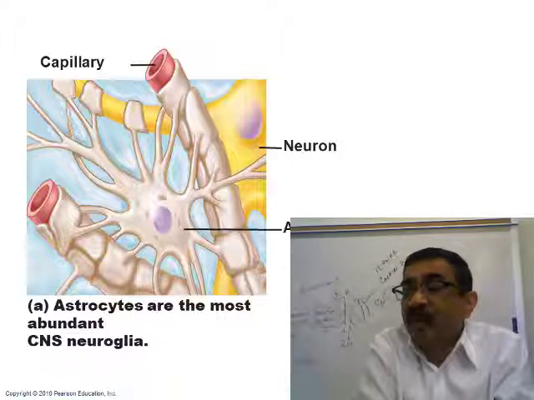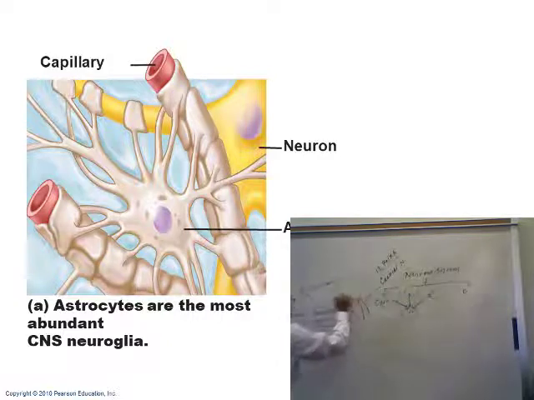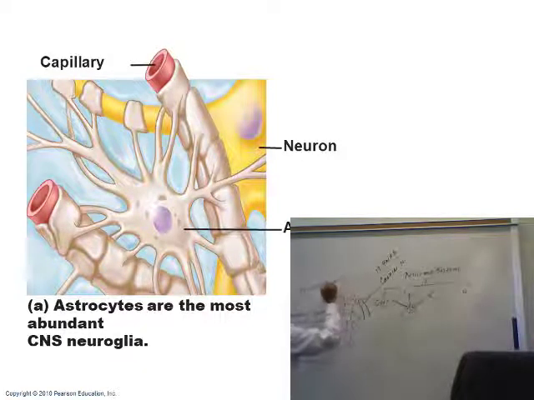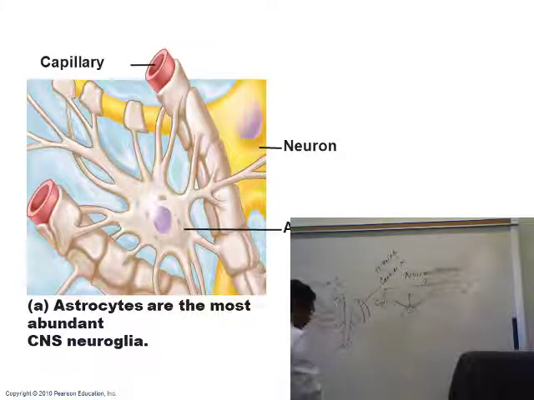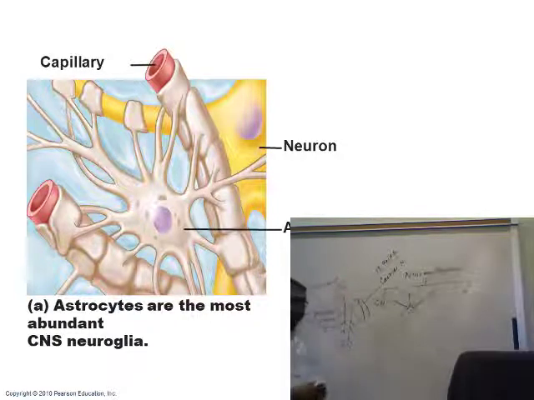And that is called the blood-brain barrier. You see here, this is your brain, and inside the brain you have capillaries. This is a capillary, I'm showing just one capillary, and astrocytes. For example, this is an astrocyte. It sends a process to the capillary wall, and that process covers the capillary wall. This is another astrocyte, sending a process. Those are called foot processes, and they cover the capillary.